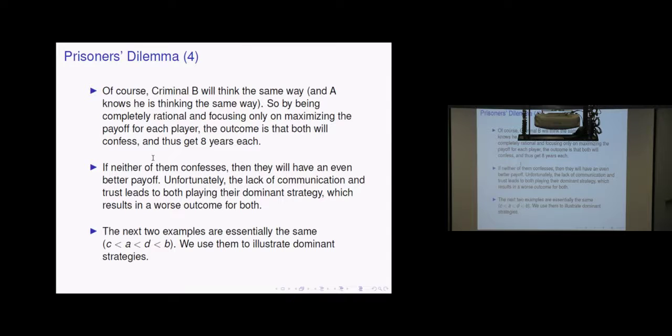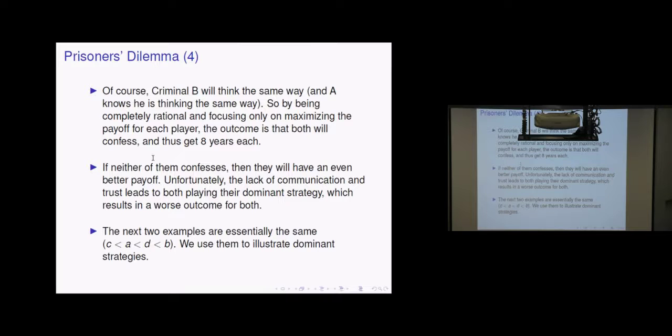Okay. So the next two examples are essentially the same as this prisoner's dilemma, but we put them into different stories. So they look different, but the mathematics behind them are the same. They all fall into this category, right? Remember we said we are going to talk about variations of the same theme.